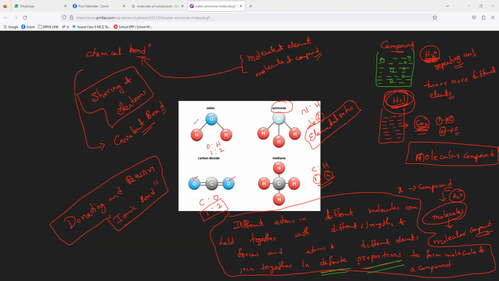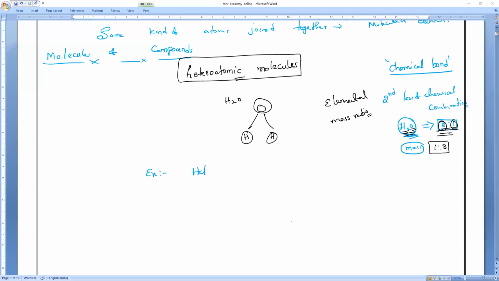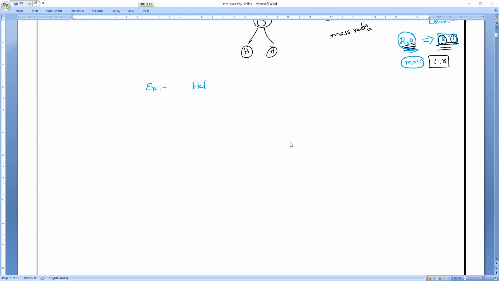It will start from diatomic, then triatomic. Is it also called atomicity? Yes. Atomicity is for a molecule of an element or a molecule of a compound. It is the number of atoms present. That is what we call atomicity. Do you understand, everybody?